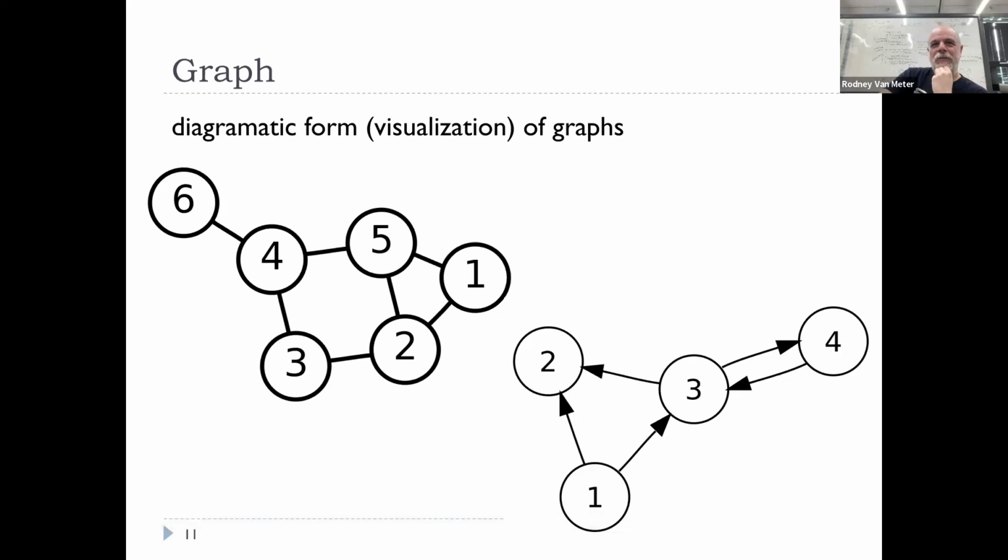Right? Yes, these arrows on the one on the right establish a direction for the link. So we call the one on the left an undirected graph, and the one on the right a directed graph.